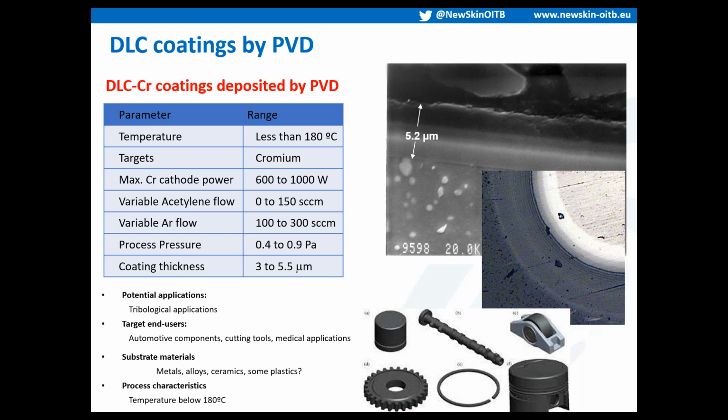The substrate materials that we can use are metals, alloys, and also some plastics, but it's very important to apply an underlayer in order to obtain a very good adhesion, and the temperature that usually develops these coatings is below 150 Celsius degrees.